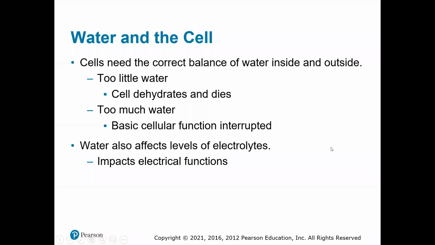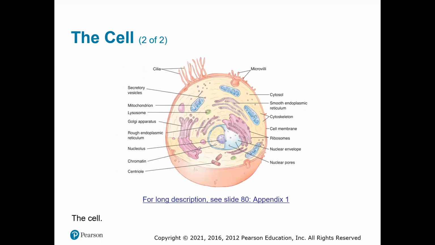I said earlier that the cell membrane will allow water and other substances to pass through it. If there is too much water, it can actually become too full to be able to function appropriately. You saw on the other slides the right amount of space for all of the structures inside the cell.